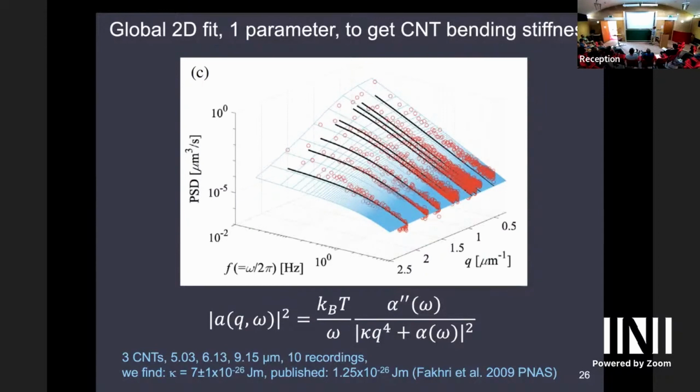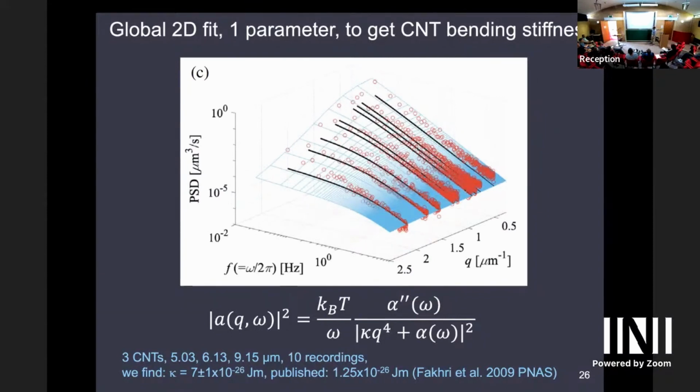And you can see the black lines are the intersections of the blue fit plane with at the respective Q values, and you can see it fits the data quite well. Both capturing the shape, the different shapes of the functions and the amplitudes. And that gives us a pretty good estimate for the bending stiffness, which of course was known before, but they just wanted to check if it's consistent. And I guess you can barely see it.